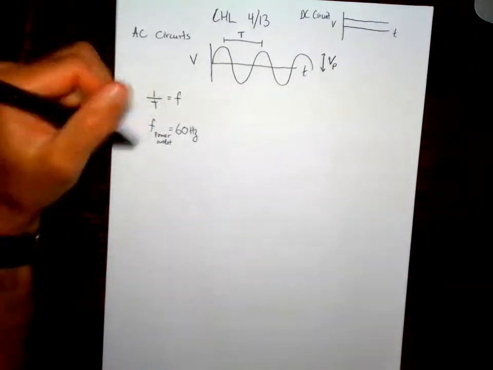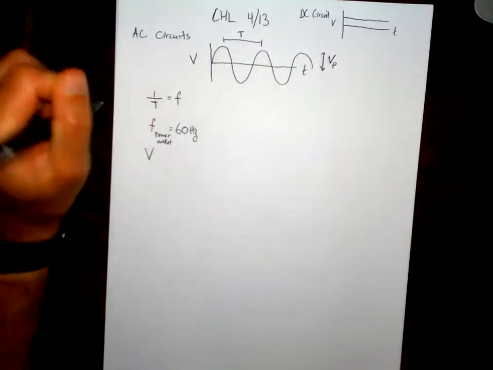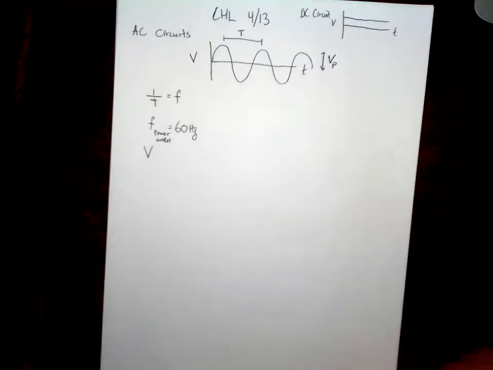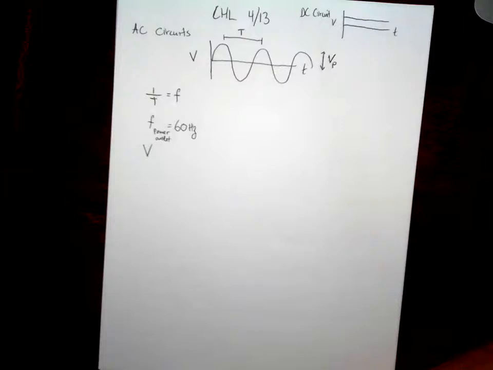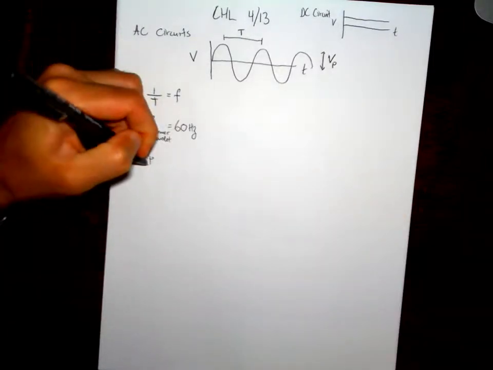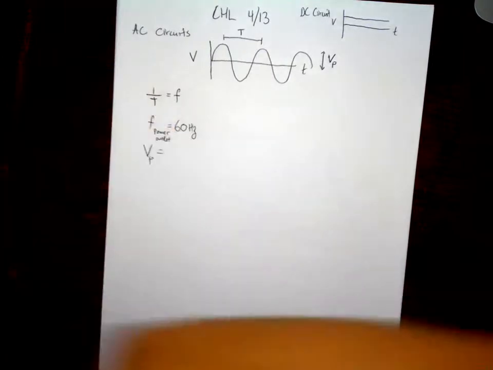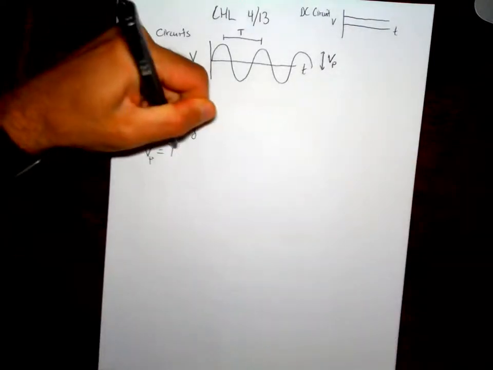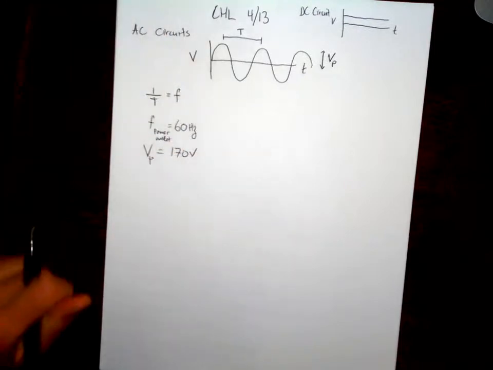In the case of your power outlet, I don't have my calculator here, the peak voltage is going to be, I think it's about 170. Let me check. Yeah, it's about 170 volts.